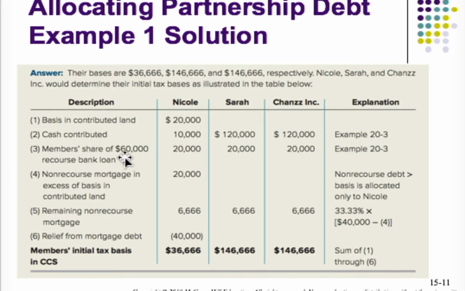So you see here the various shares of the recourse bank loan divided equally, and then the non-recourse mortgage, the component that is shared equally, and then the non-recourse mortgage in excess of basis and contributed land, and then finally the recognized relief from the mortgage debt, where the mortgage exceeded basis by $40,000 for Nicole.